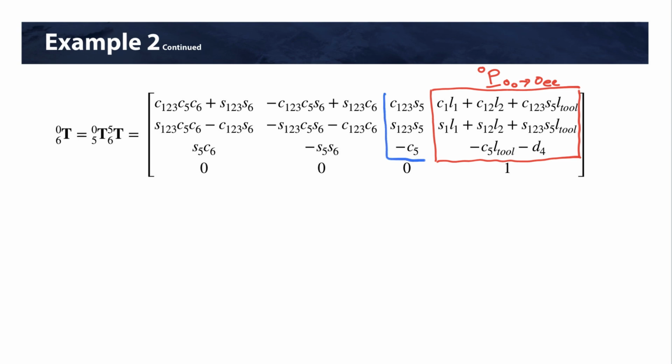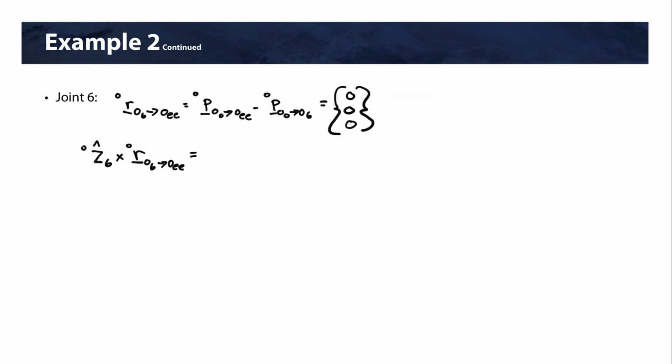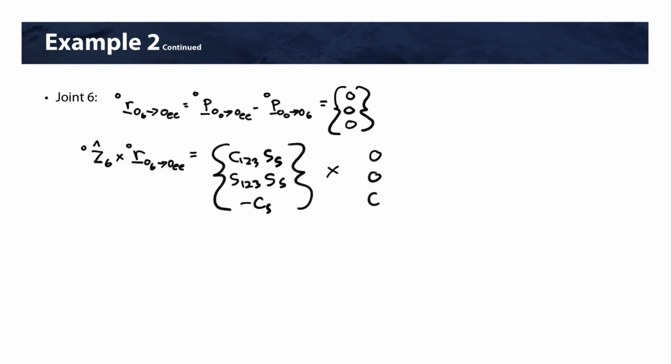So this is Z6 here. So it would be C123 S5, S123 S5, minus C5. Cross the R vector, which we just said was 0. So obviously that cross product is going to be 0.